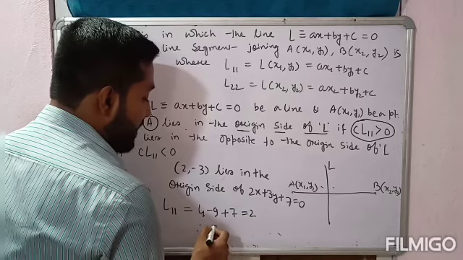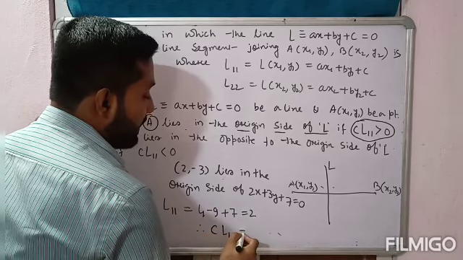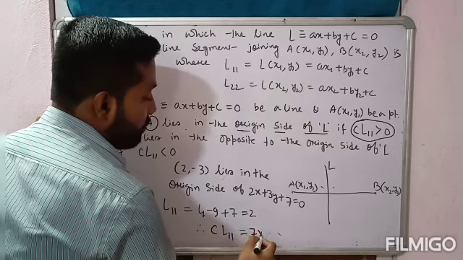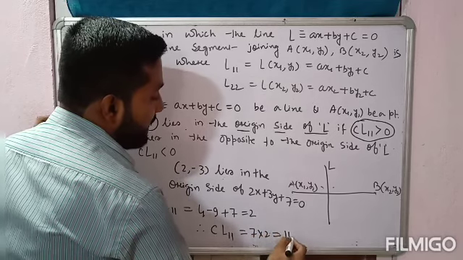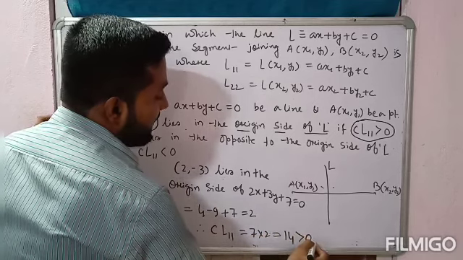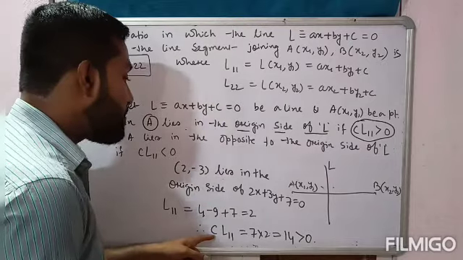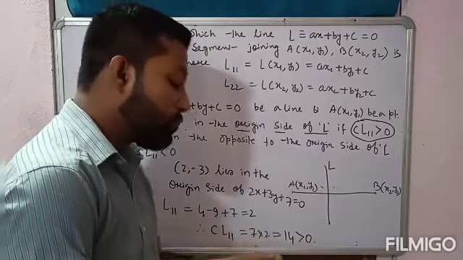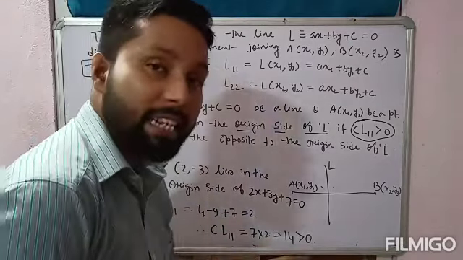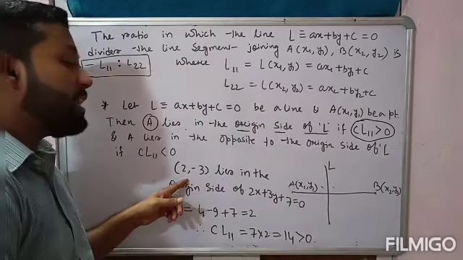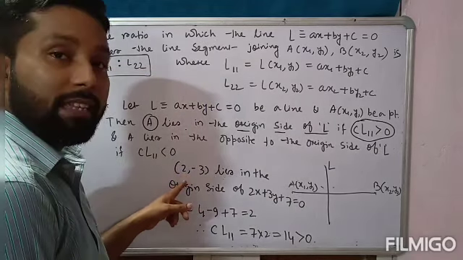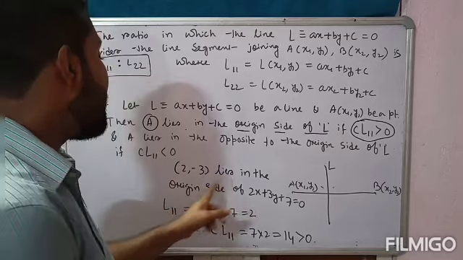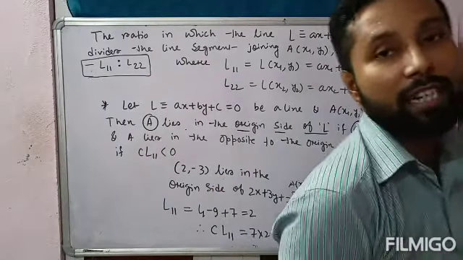Therefore C into L11, that is 7 into 2, which is equal to 14. 14 is always greater than 0 because the value of C is 7. So clearly we can say that the given point lies in the origin side. You have to check like this only.